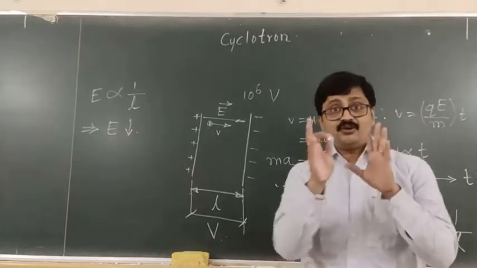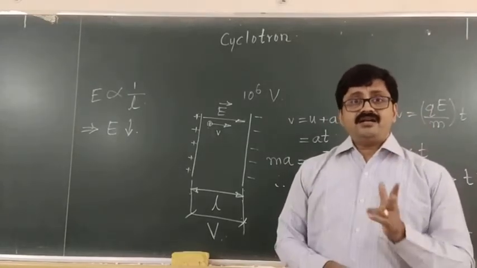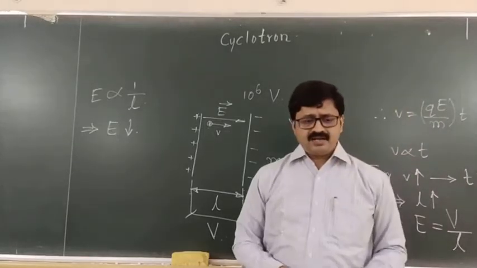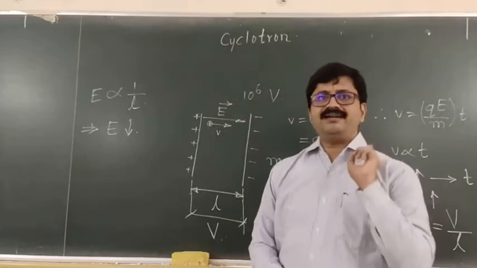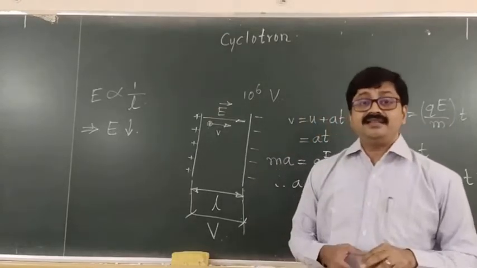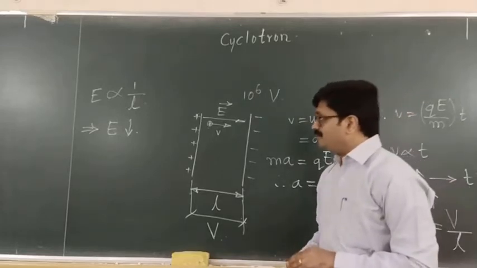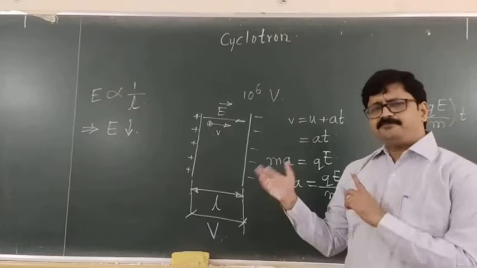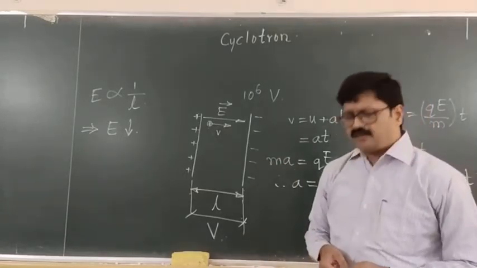And the cyclotron was devised and developed by two famous scientists, Ernest Lawrence and M.S. Livingston. They invented this particular device, the cyclotron. And as a matter of fact, what principle they had adopted, that we should try to understand here.